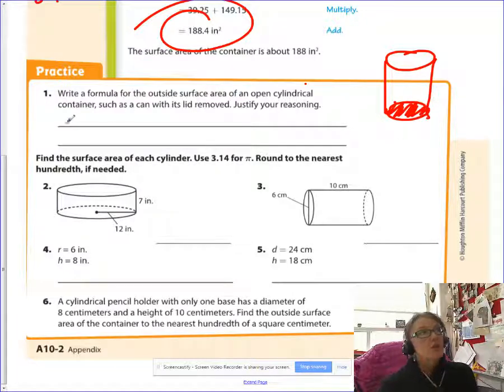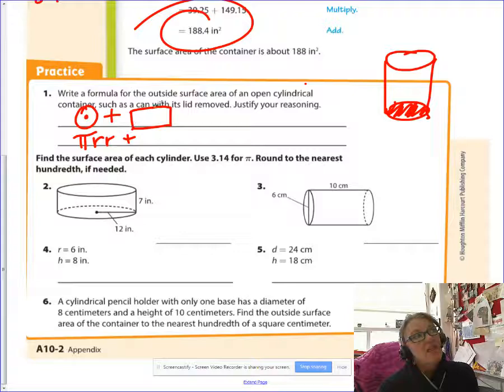So that means you have one circle, one base, and then you have the wrapper or the label. The circle is pi r squared, or pi times r times r. The label is the circumference, pi times diameter, times the height. Since this was open, you don't have that second one. That's why we don't have the 2 there.